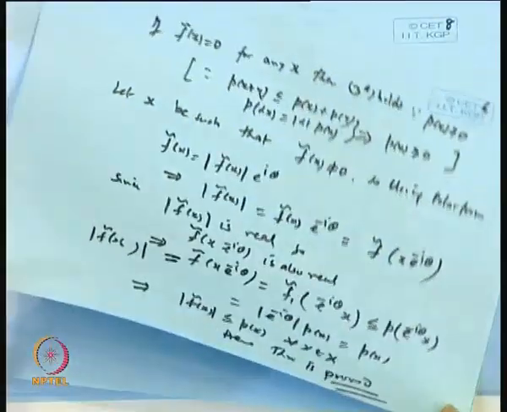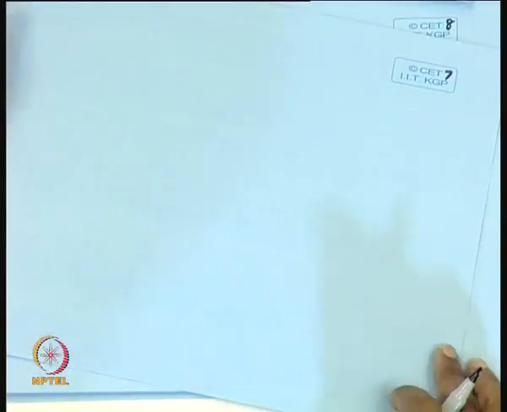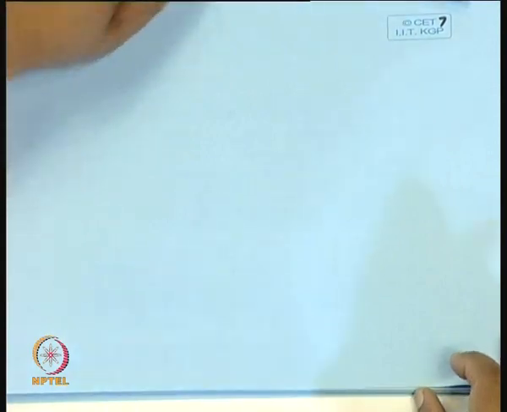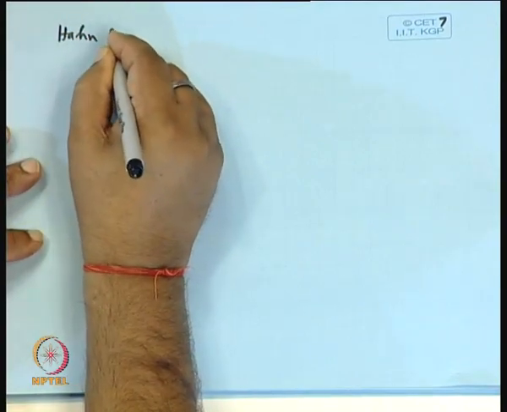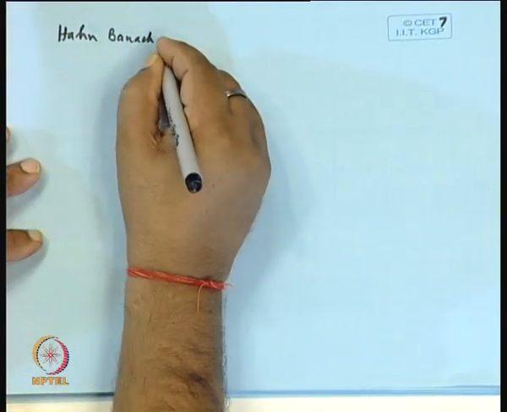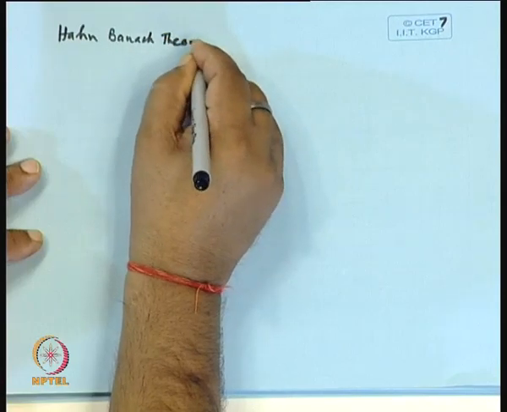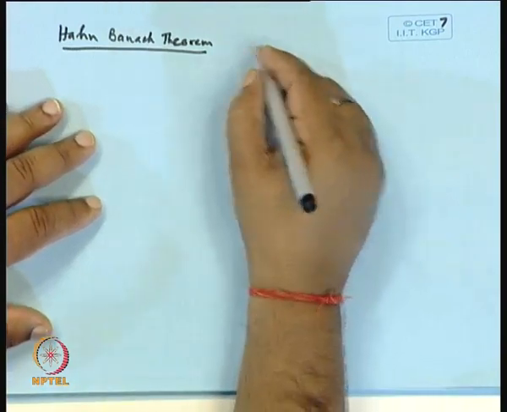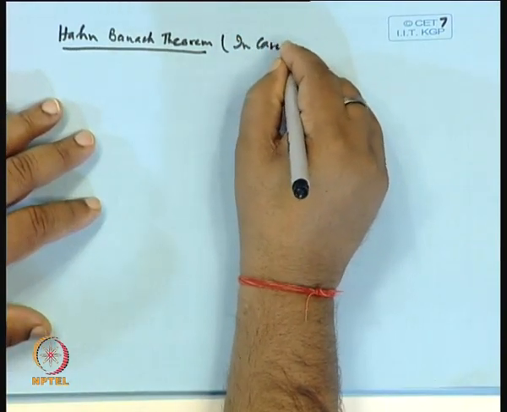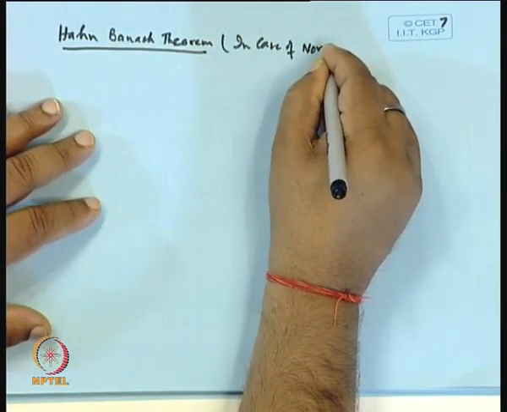And this will further give you the generalized form of the Hahn Banach theorem in the case of normed spaces. Okay. So, let us see the other form of the Hahn Banach theorem in the case of normed spaces.